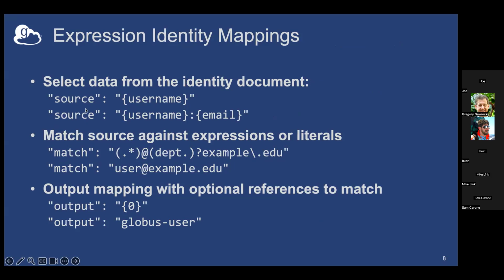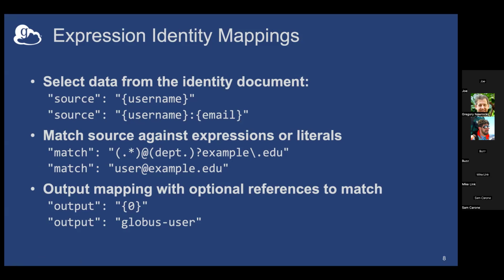The match expressions can either be regular expressions that match and group parts of the selected source document, or they can be a literal expression that just compares literally against another field. The output can refer to the groups in the match expressions, or it can be a static string. So if you want to map all users to the same account, you can do that. If you want to pluck out the account name from a username, you can do that as well.